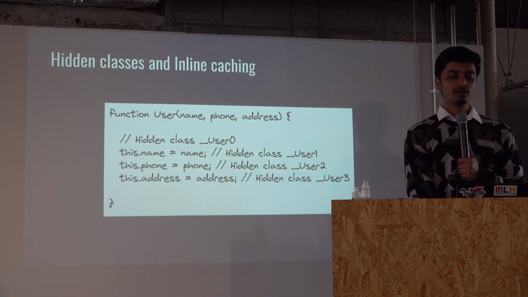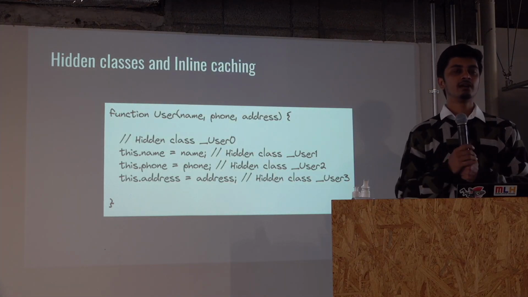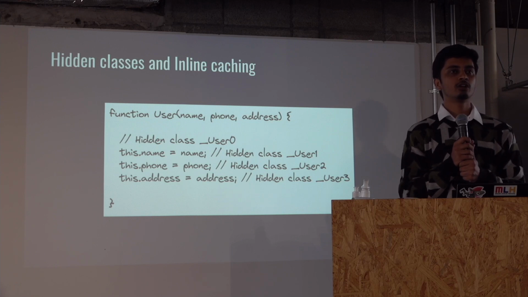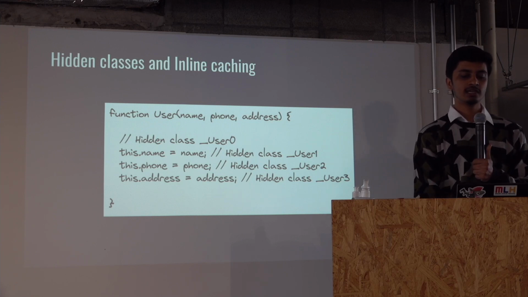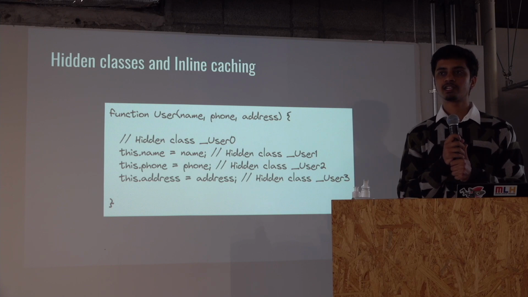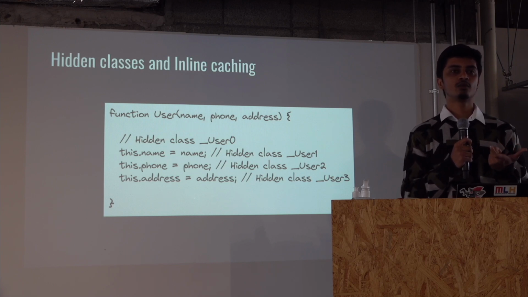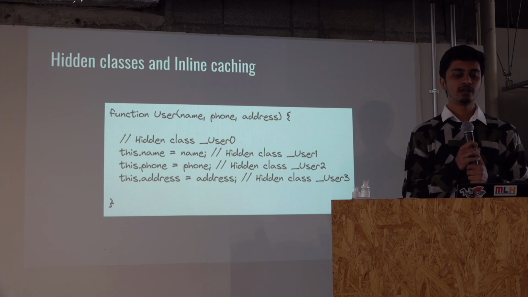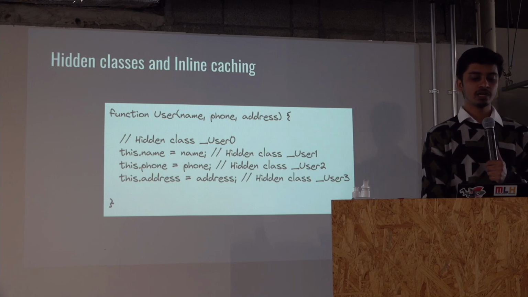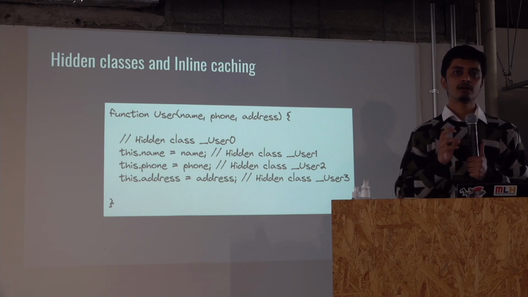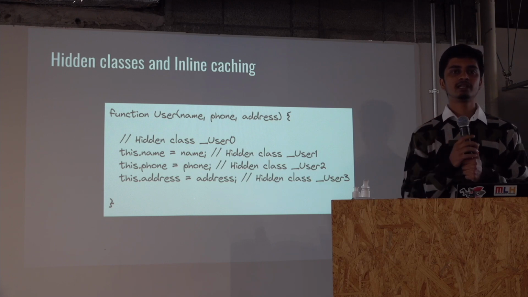Now to understand the whole optimization thing and how you can write greatly optimized code is through this key concept of hidden classes and inline caching. Hidden class is a concept wherein a different class is created for every different possibility of how an object could be initiated. So for example, whenever you create a user object, a class is already created behind the scenes.